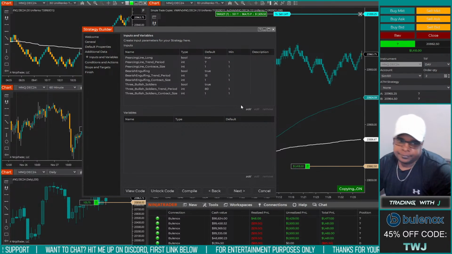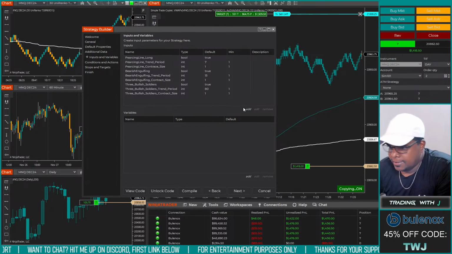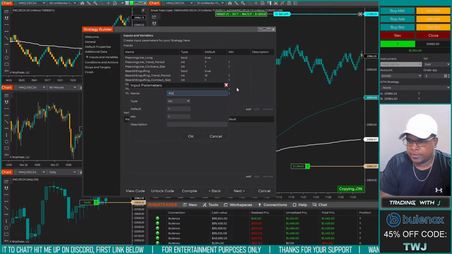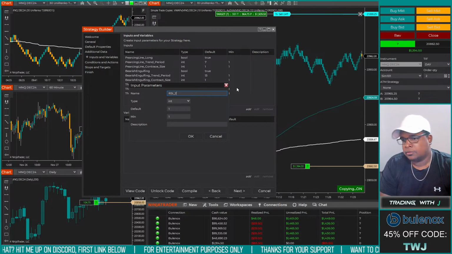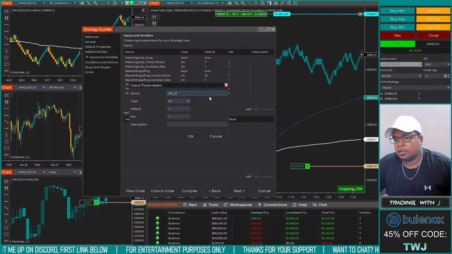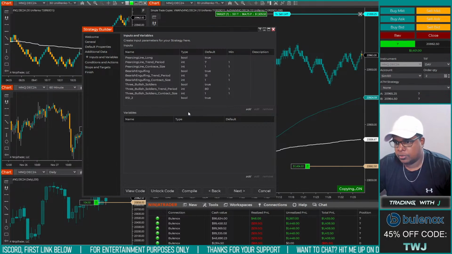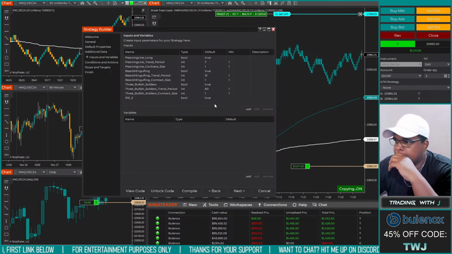Right, so the next strategy I want to add to this is the RSI 2. So we had set the RSI 2 with a boolean, so we can switch it on and off if needed.